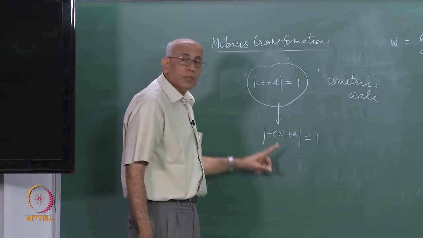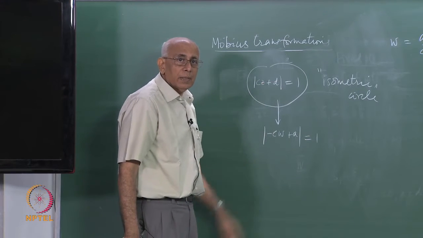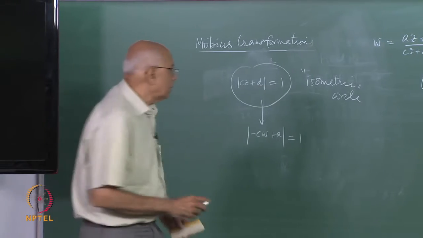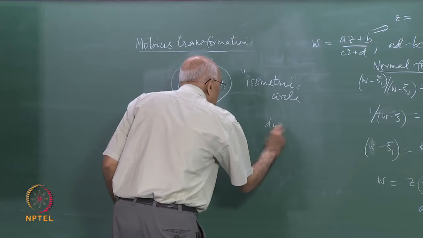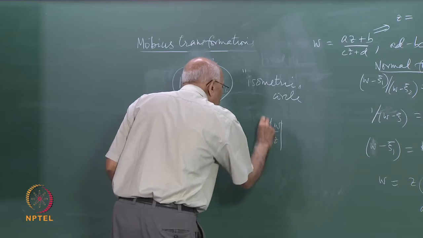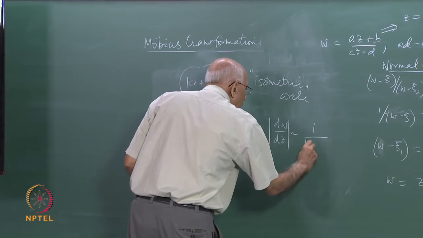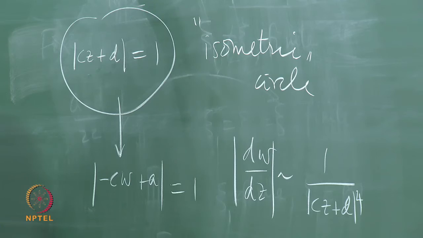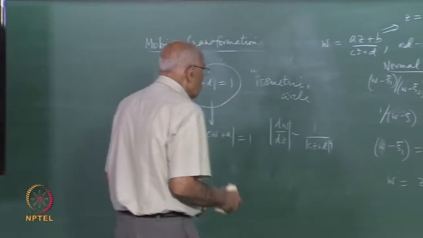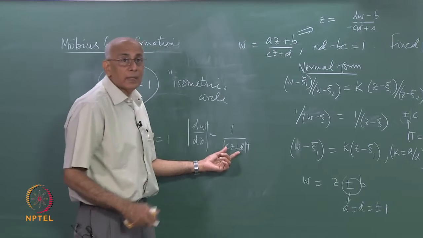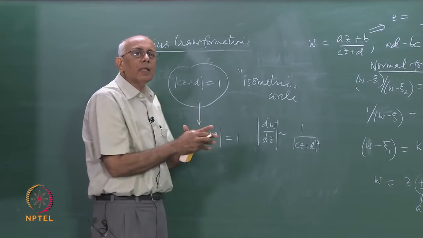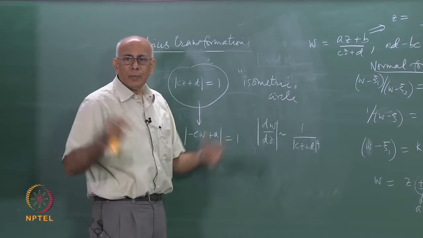But this circle is mapped onto this, and what happens is that the Jacobian of this transformation, dW over dz, is proportional to 1 over (Cz plus d) to the power 4. So if this is less than 1, which is the interior of this circle, then under the mapping lengths expand.